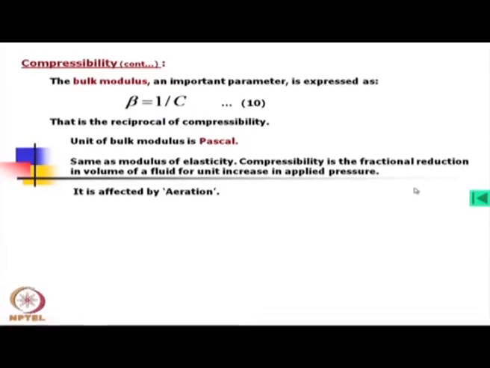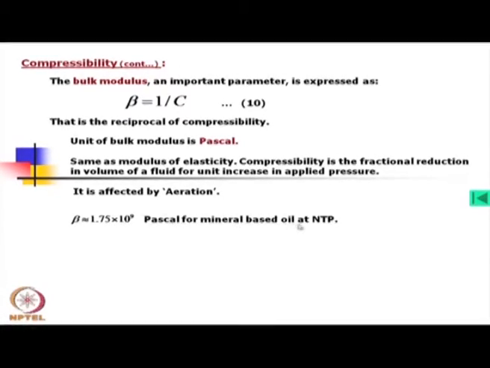Now, this bulk modulus is affected by aeration. What is it? Before going into that, I would like to mention for your reference that beta, the bulk modulus, can be taken as 1.75 into 10 to the power 9 Pascals for mineral based oil at NTP in normal cases. However, it might be slightly higher in some cases.